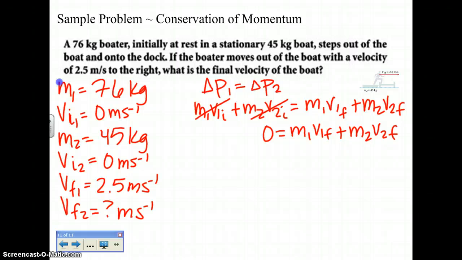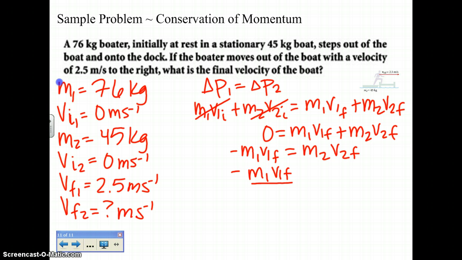Ultimately here we want to solve for V2F. So we want to move the negative M1 V1F to the other side, which really means negative quantity M1 V1F over M2 equals V2F. So with that in mind, we can plug it in and solve through.